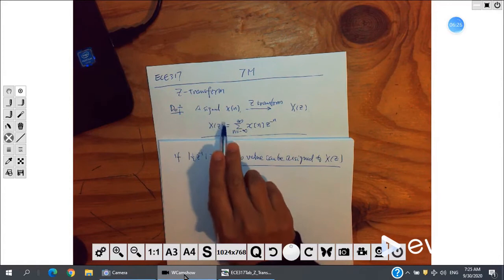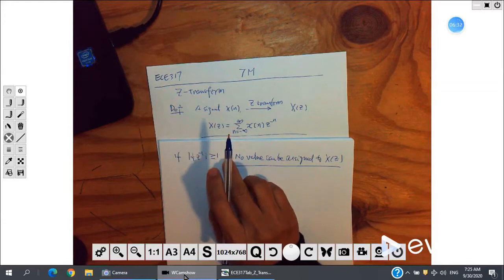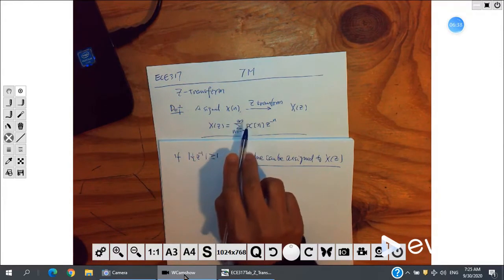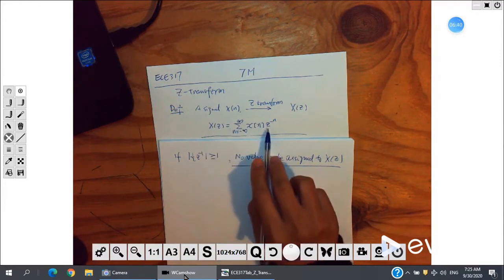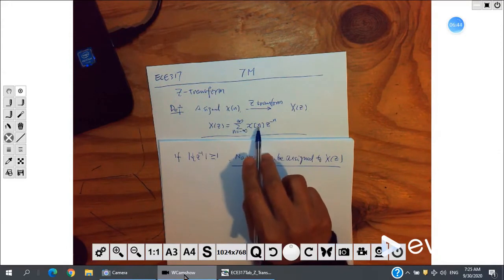As a function of z, you need a range, you need an area. In that range, the summation, we call it converge, right? Converge, you have a fixed value. And in other ranges, for other values of z, this one does not converge, no values.